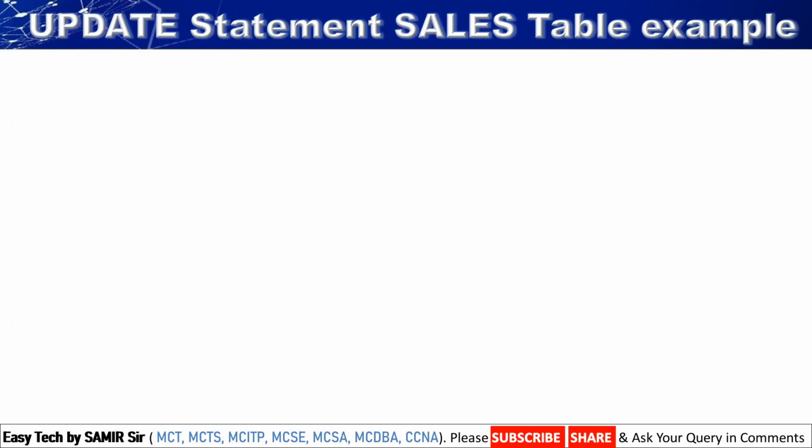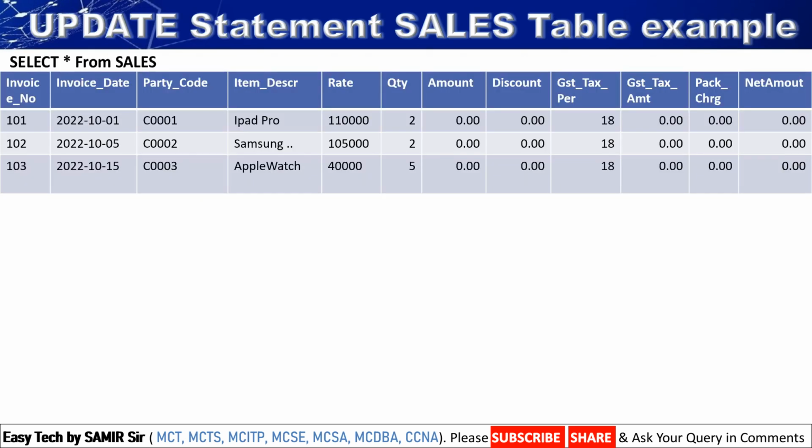Now let's continue with our 150-plus queries. Update statement for the sales example. When you say select star from sales, you will notice it gives you invoice number, invoice date, party code, item description, rate, quantity, amount, discount, GST tax percent, GST tax amount, packing charge, net amount and so on.